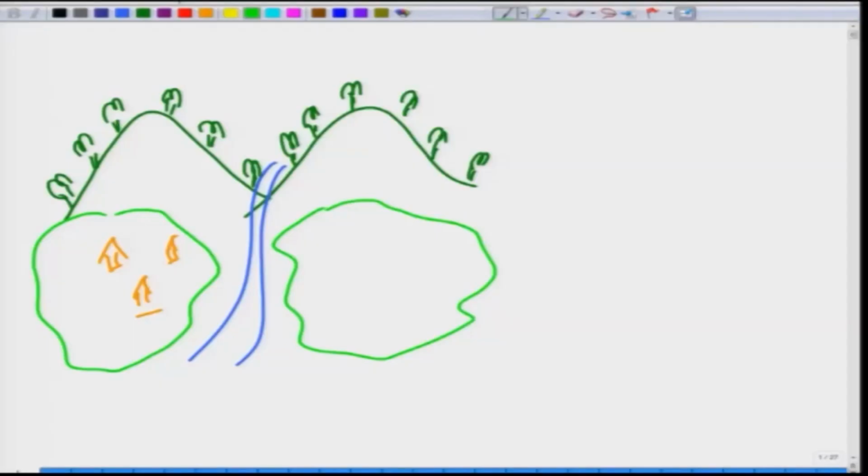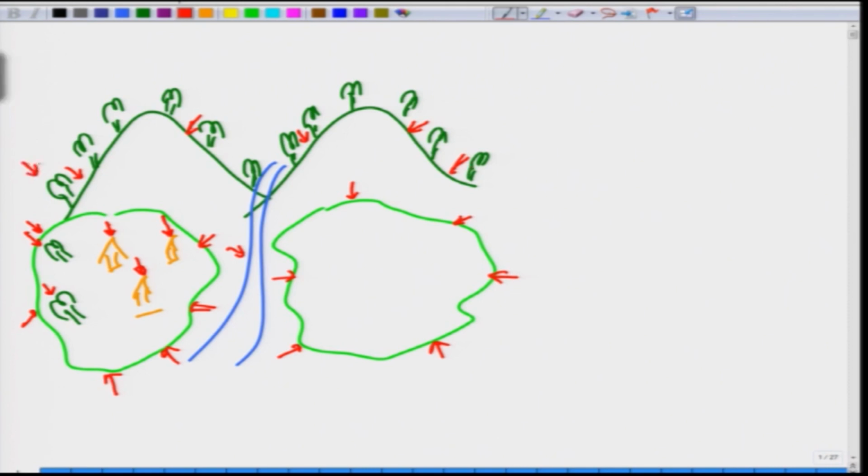So, in the case of a survey, what we are doing is we are figuring out the exact location of this house, the exact location of this house, the exact location of this house, the exact boundary of these fields, and if you have say a few trees here as well, the exact locations of these trees, the boundary of the river, the boundary of the pasture land, and if necessary the location of these hills and the location of the trees.